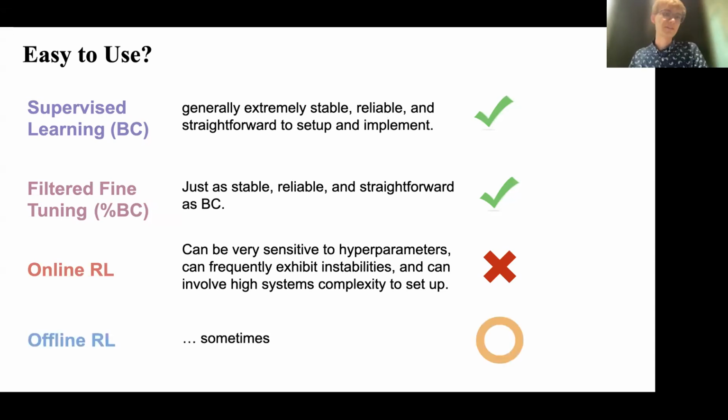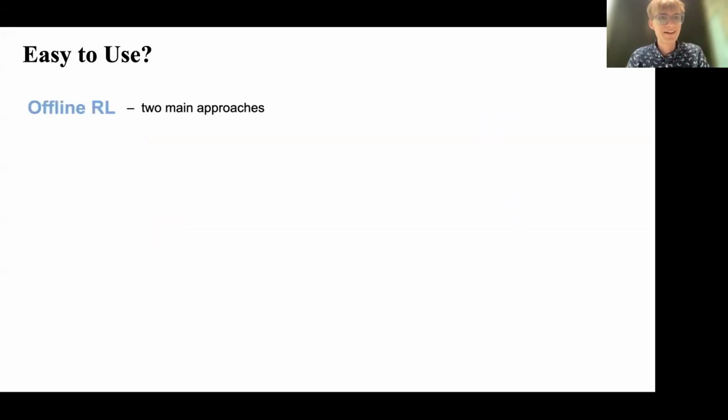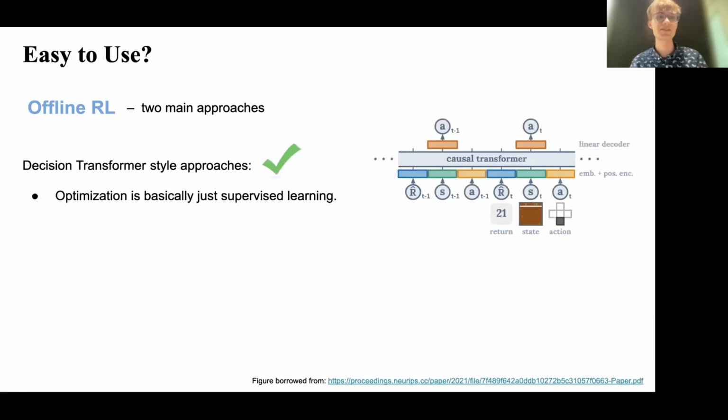Offline RL, the answer is a bit more complicated. Sometimes it's easy to use, and let me elaborate on this. In the offline RL world, I would say there are two high-level classes of approaches. One is the decision transformer approach, which is basically just supervised learning. It reduces the offline RL problem to supervised learning, taking advantage of the stability of supervised learning to do some offline RL optimization.